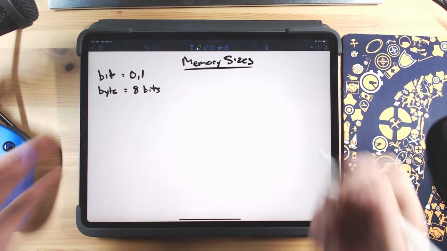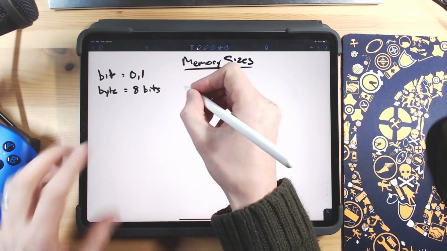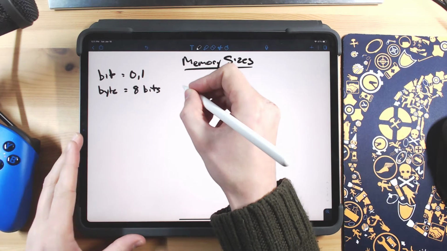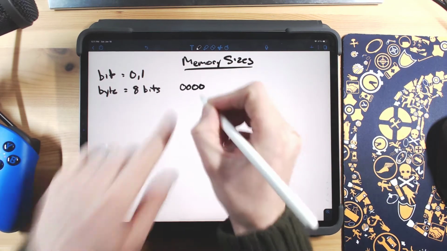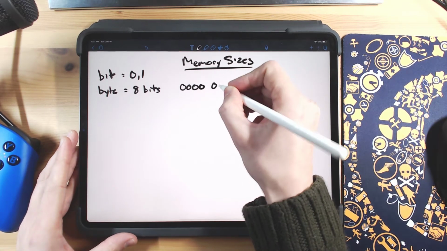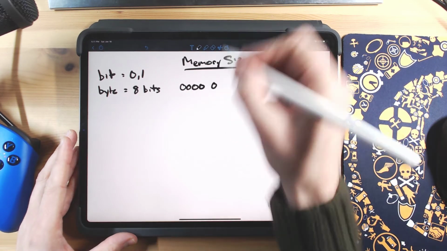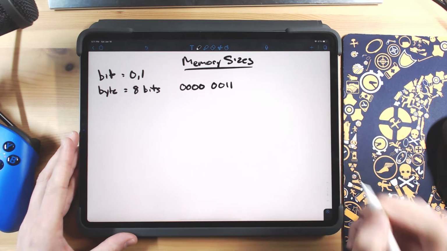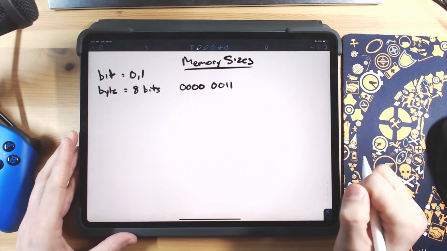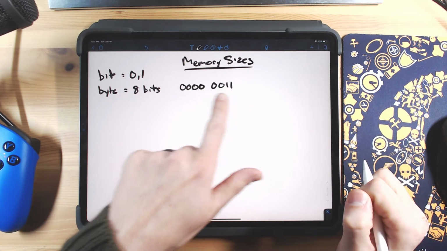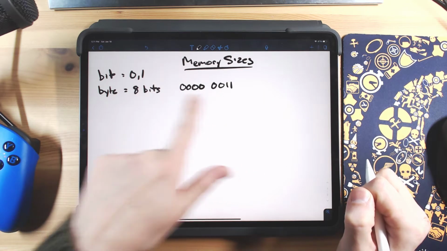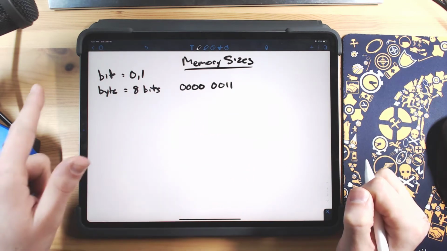Now, a binary number 3 would look like this inside of a single byte. So remember, a byte is 8 bits, so there'd be 4 zeros. And then the second one would be the number 3, which looks like this. That's the number 3 in binary. Now, we can store larger and larger numbers based on these zeros flipping to 1s as they get larger, right?